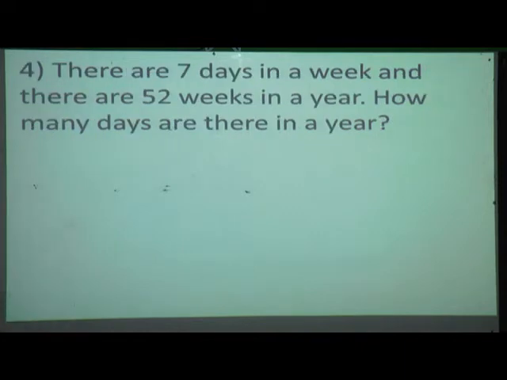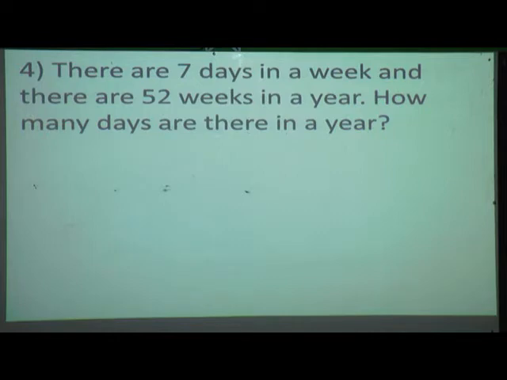See the fourth one. Read the question in your mind. What is the question? The question is, there are 7 days in a week, and there are 52 weeks in a year. And the question is, how many days are there in a year?